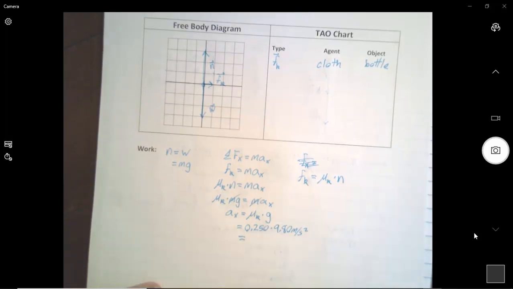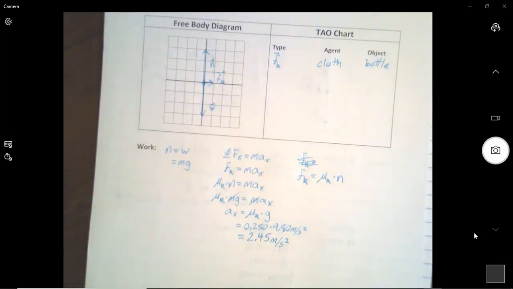And so the final value that we have is 0.250 times 9.8, and that is 2.45 meters per second squared.